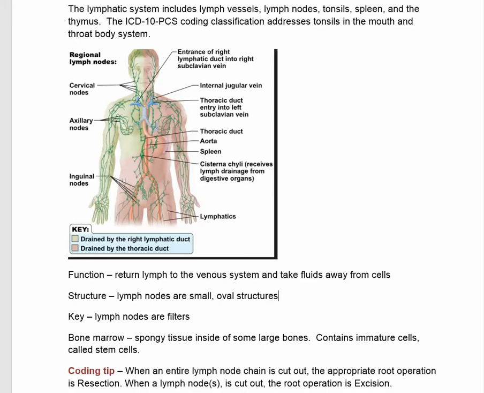And in addition, this particular area of your textbook also talks about bone marrow. Bone marrow is spongy tissue inside some of your large bones. It contains immature cells called stem cells. Stem cells can develop into the red blood cells that carry oxygen through the body, the white blood cells that fight infections, and platelets that help with blood clotting.